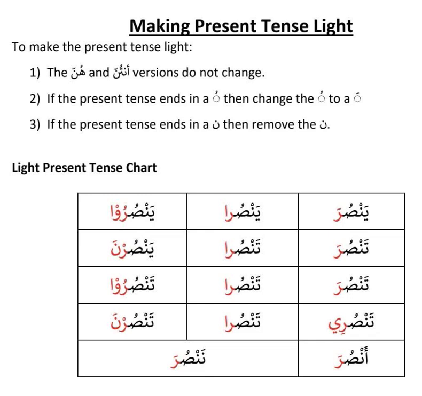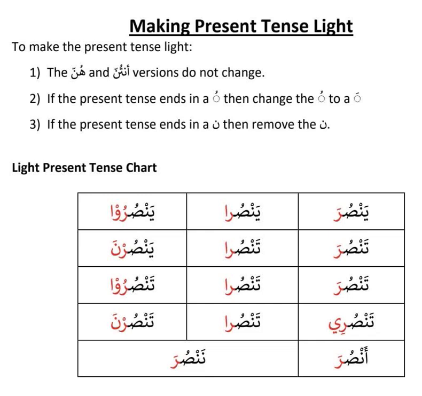Next one is lan nushrika. You can guess the original version. It should be yushriku, nushriku, right? Nahnu nushriku. Huwa yushriku. Sharaka means associating partners, so huwa yushriku means he associates partners.